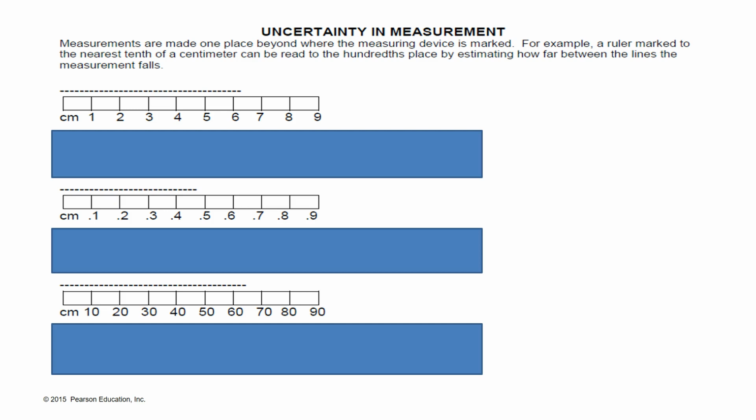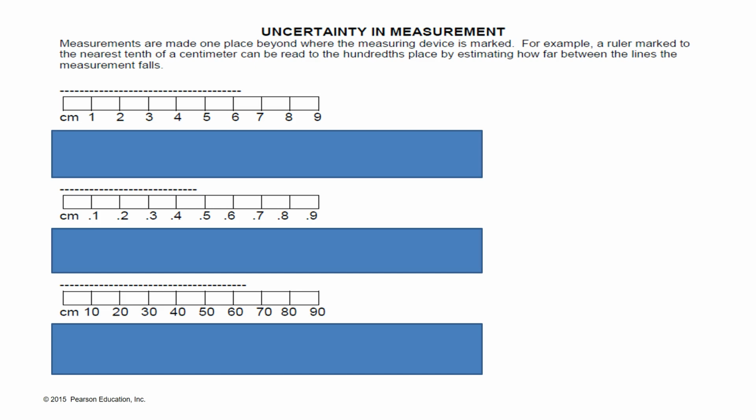All right, so I have 3 different rulers. Take a minute, look at these rulers that we're measuring with. They're all measuring maybe different things and all of that. But of these rulers, which one would you say is the most precise ruler? All right, second one, why?